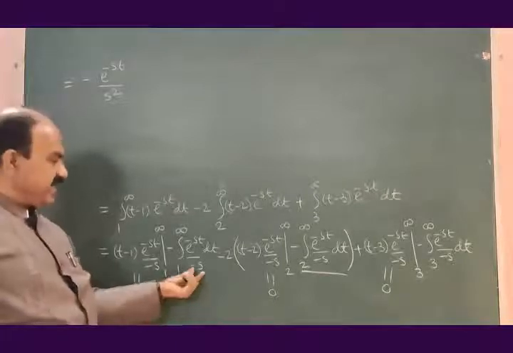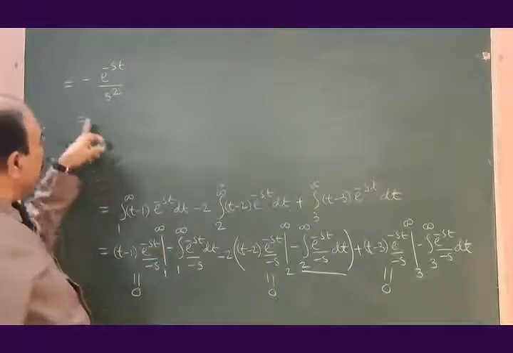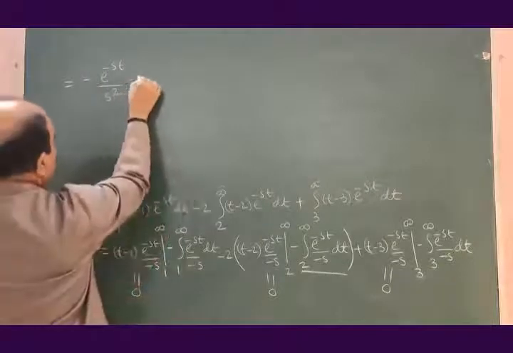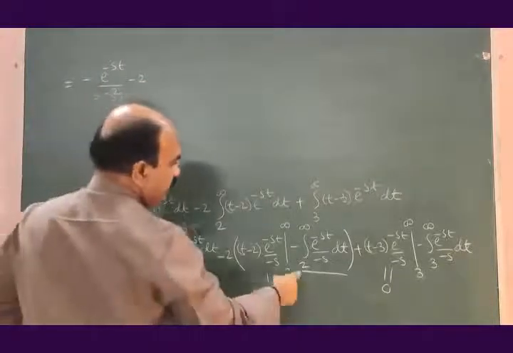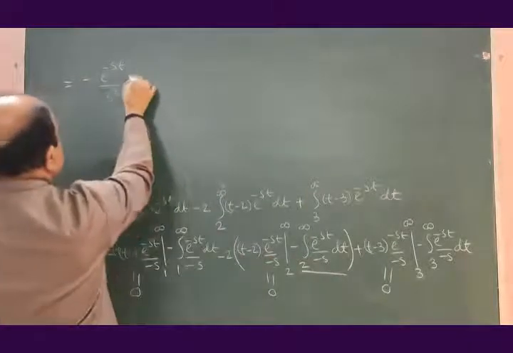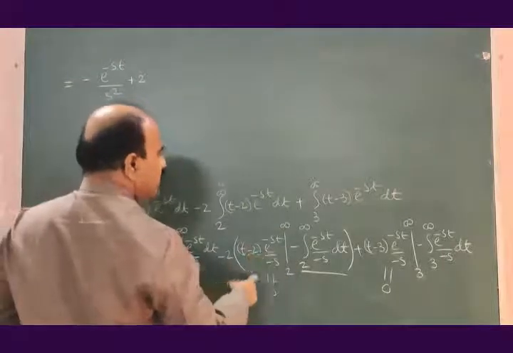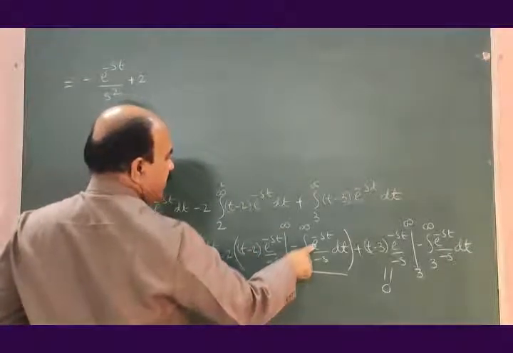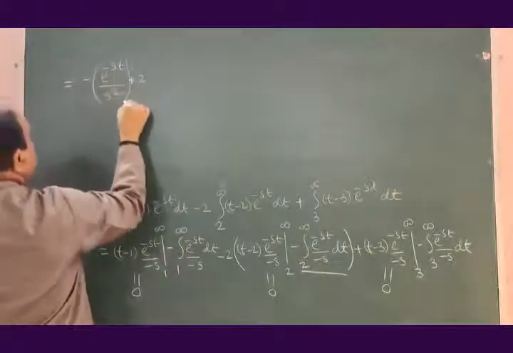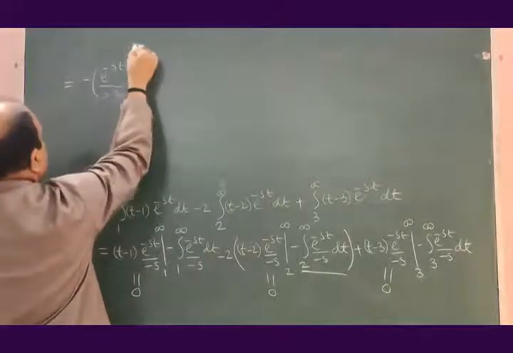Minus s into minus s is s square, plus s square, minus this minus will be left as it is, plus s square. Minus 2 will be as it is. This minus will become this plus. This minus will become plus. And it is e to the power minus st by minus s. Limits are to be substituted here, 1 to infinity.